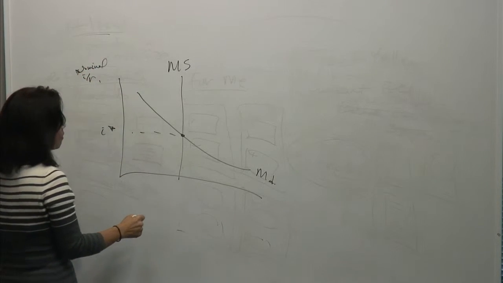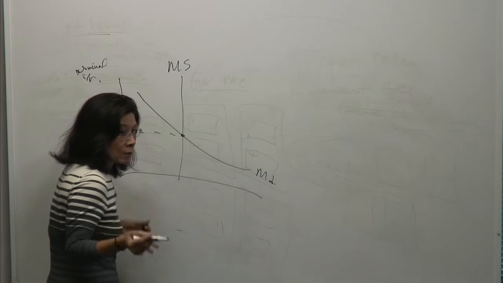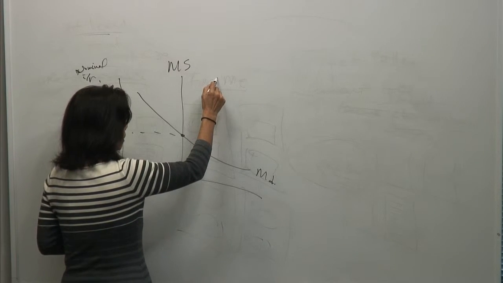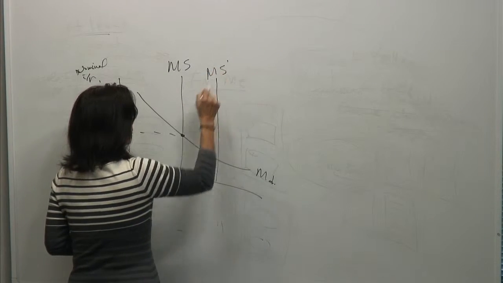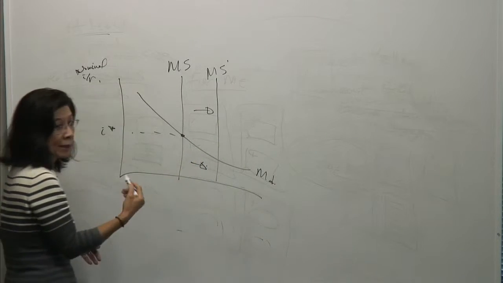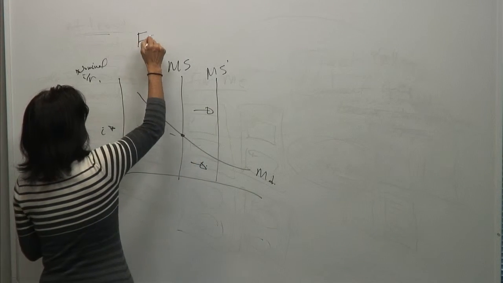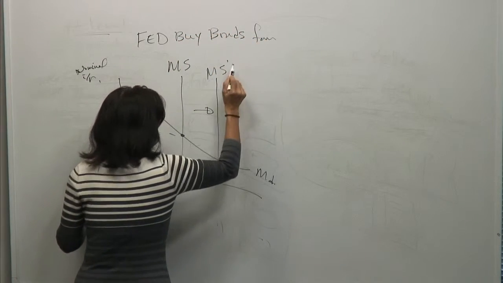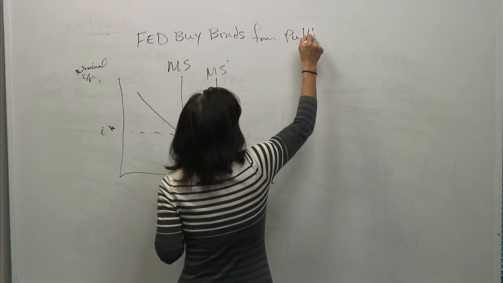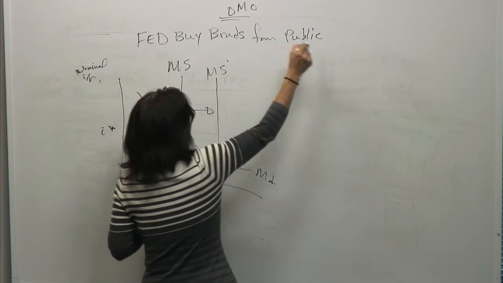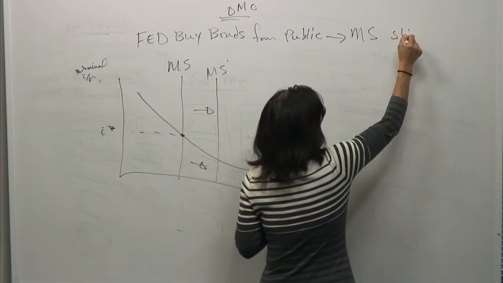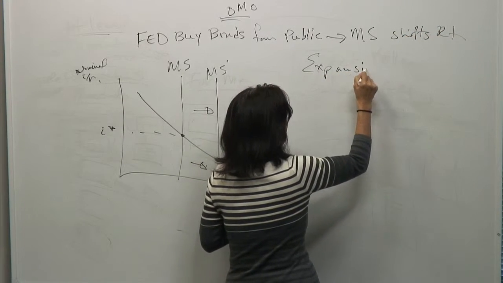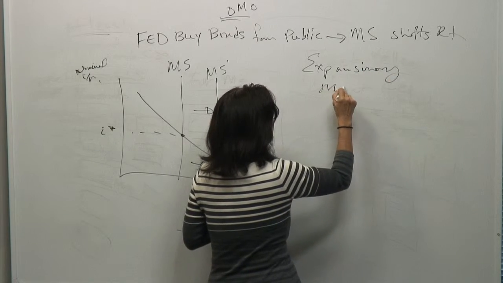So if the Fed were to buy bonds from the public, so purchase a bond, that's the word we use, the money supply will shift to the right. So we call it expansionary. MS shifts right, and we have a term for it, expansionary monetary policy.